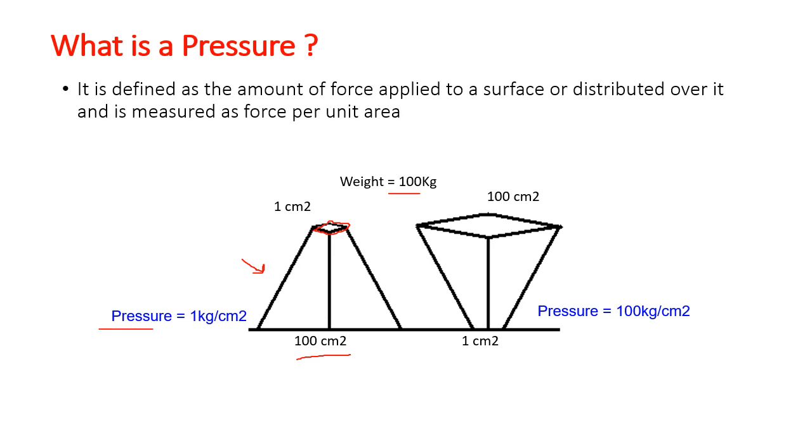If we invert the figure, where 1 centimeter square comes at the bottom and 100 centimeter square goes on the top, and the same 100 kg is the weight of the block, then what will be the pressure? Obviously in this case it will be 100 kg divided by 1 centimeter square, equal to 100 kg per centimeter square. So this is one of the concepts.